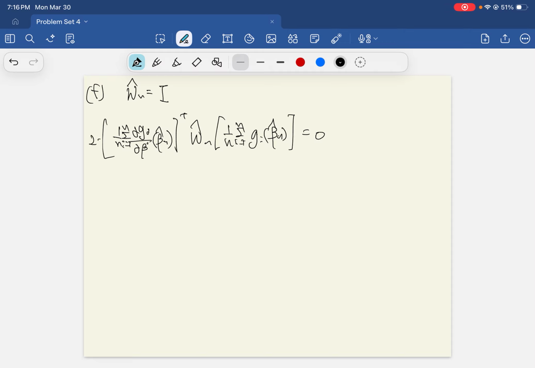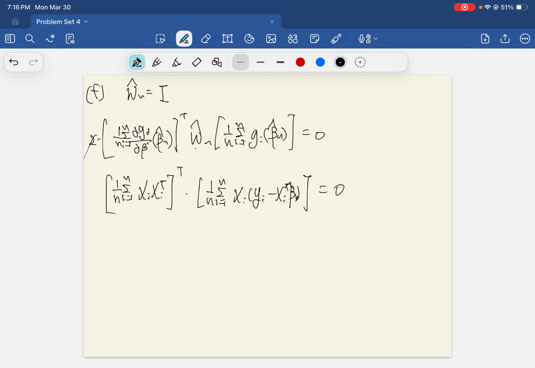So 2 will be deleted. The first term will be x_i transpose. The minus sign will also be ignored, it doesn't matter. And W is identity, so you can ignore that. And here you have x_i times (y_i minus x_i transpose beta hat).